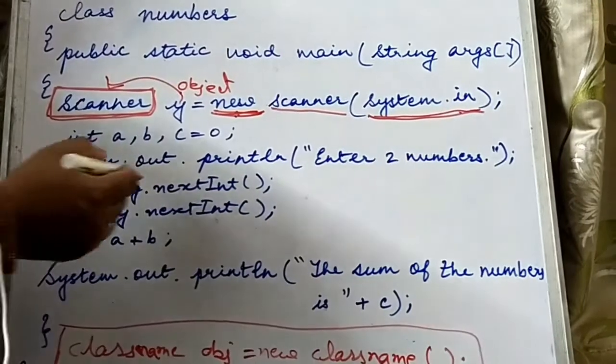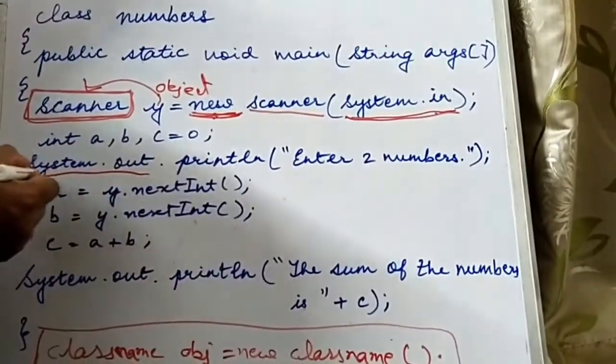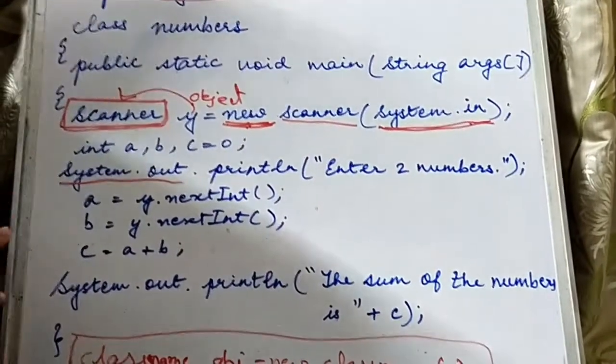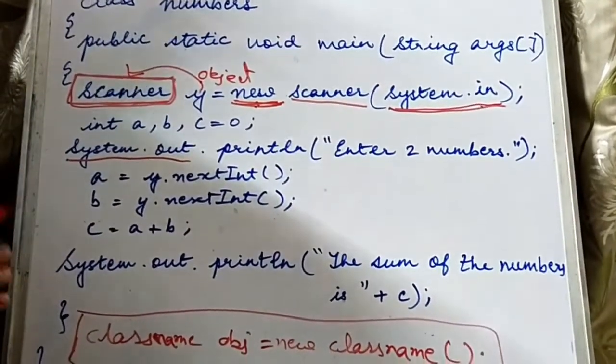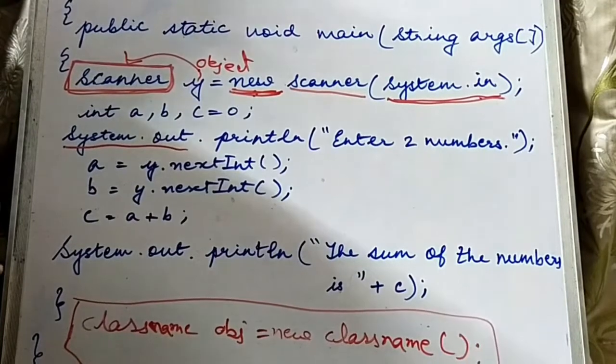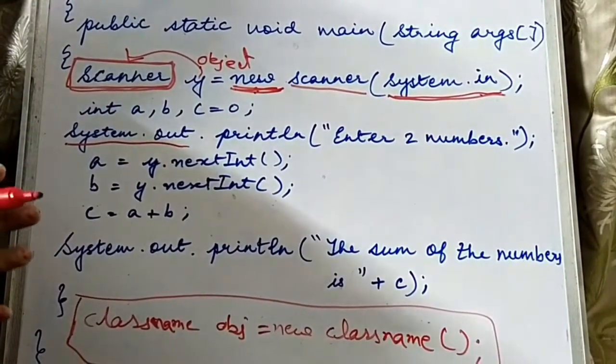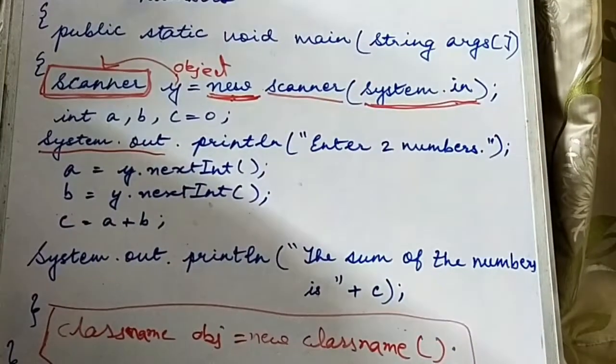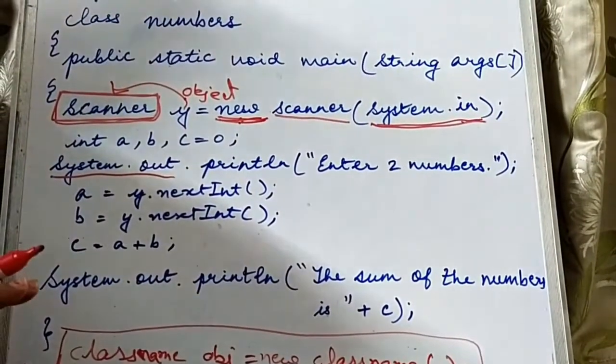Similarly, we use System.out, which allows us to take something out and print it on the screen, and in the same way we have one more function, that is System.err, which gives us the error, but here we are not using that.